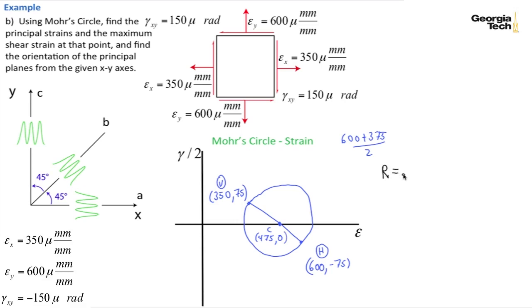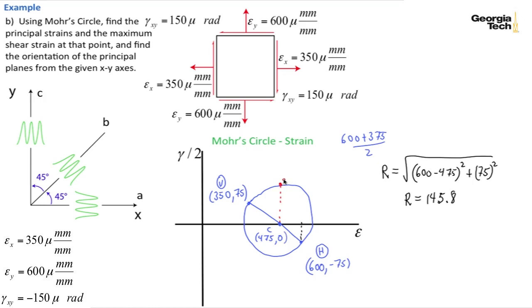The radius is equal to, let's take this triangle here, 600 minus 475 squared plus 75 squared. And the square root of that will give me my radius, and if you calculate that out, the radius ends up equaling 145.8.